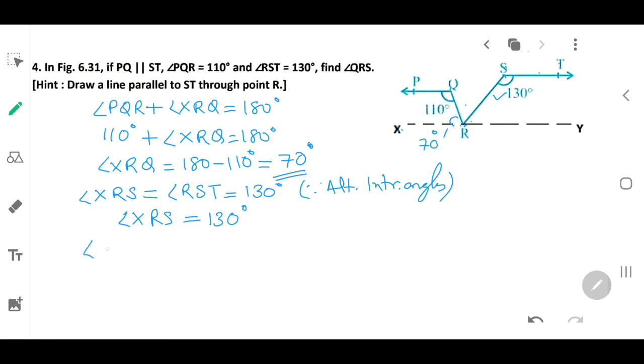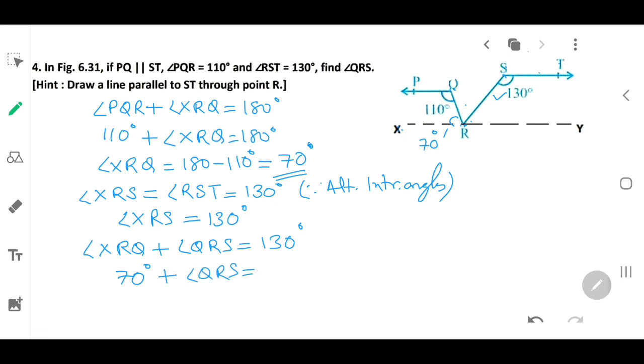One angle we write here XRQ plus the other one QRS, and their sum is 130 degree. So what is the value that we got? XRQ is 70 degree. So you write here 70 degree.